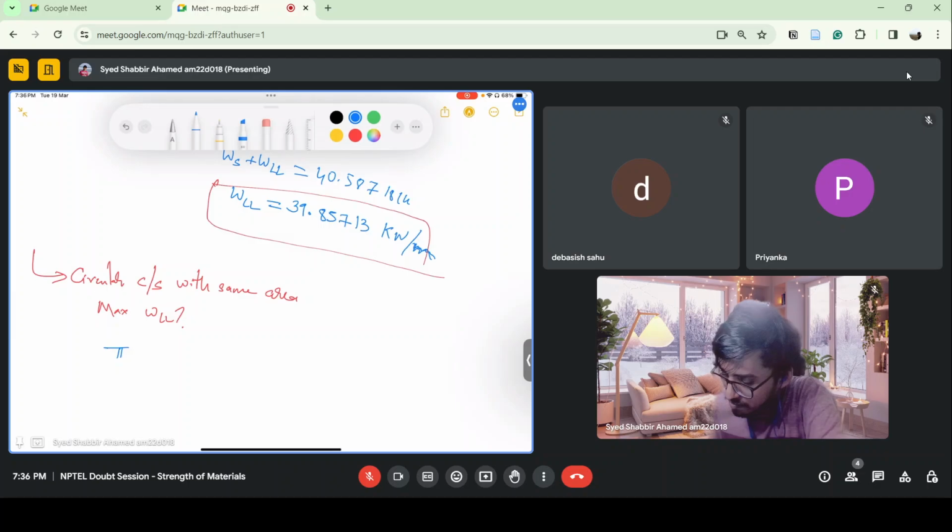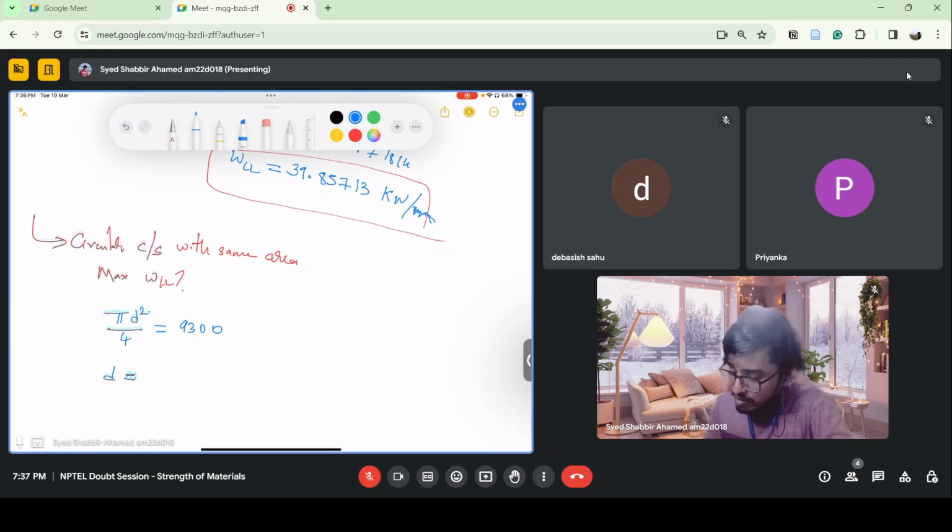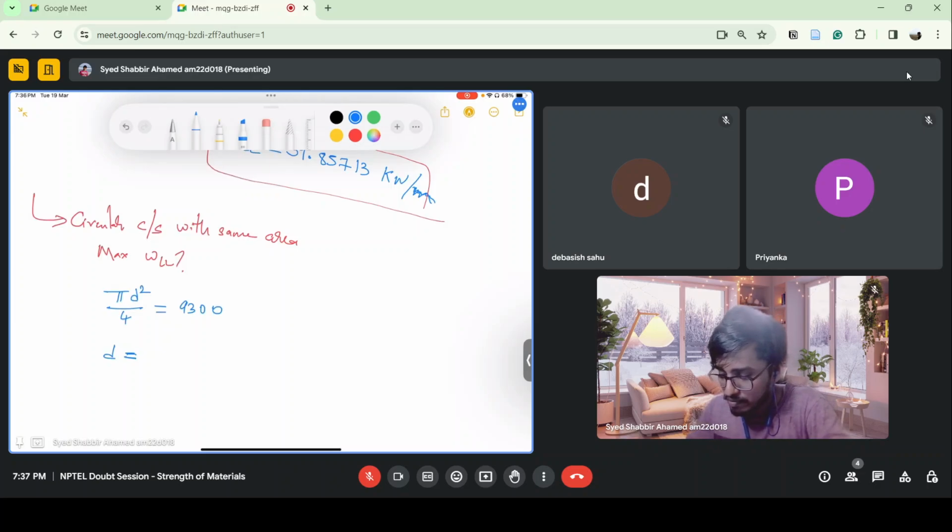We know that pi d square by 4 should be equal to 9300, and from that we can get the diameter. D equals square root of 9300 times 4 by pi.